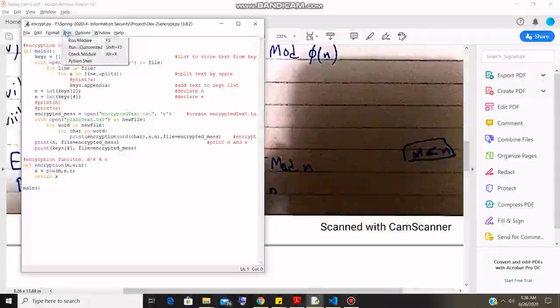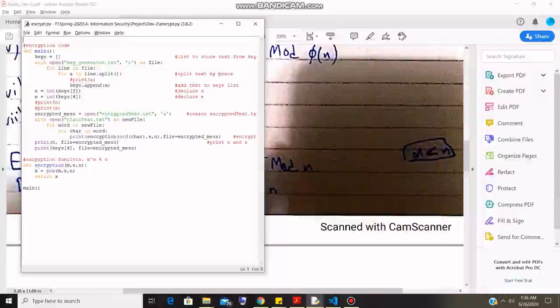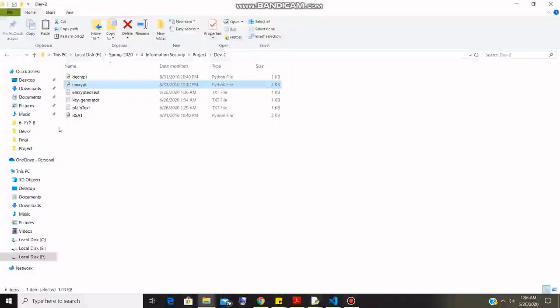Now let's run this code. After running, it is supposed to take our plain text and do the encryption that we have given it. Now it has successfully encrypted it.